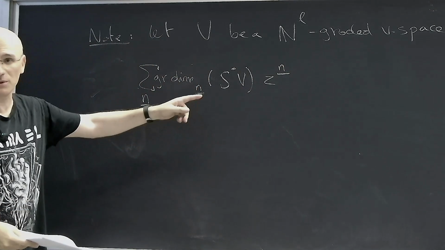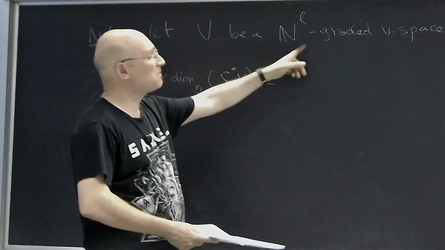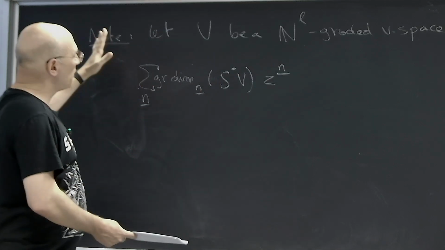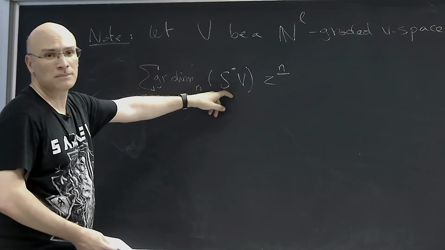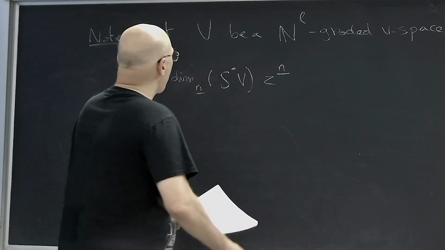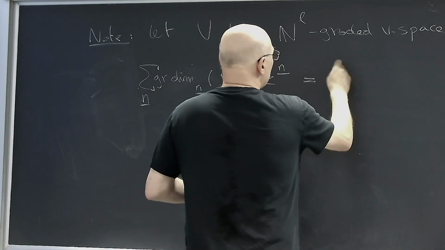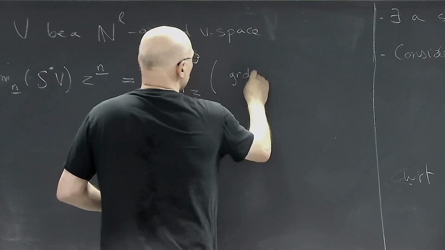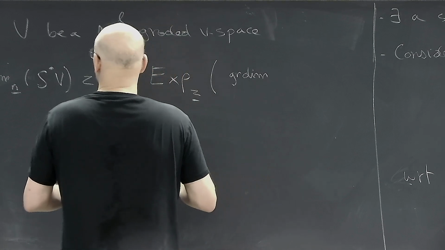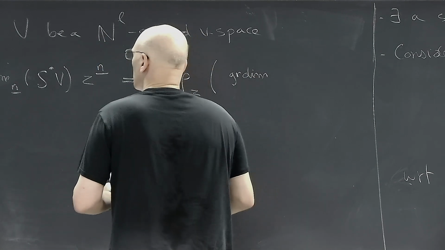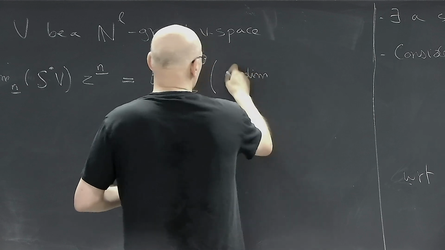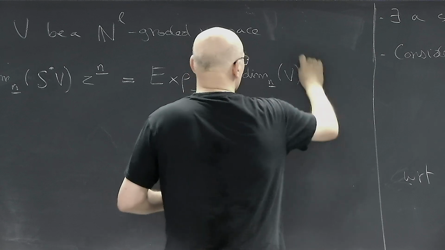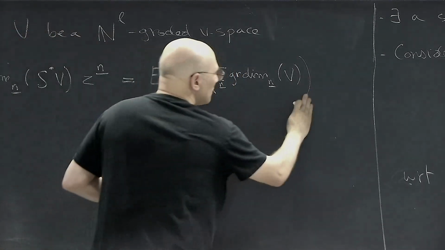Okay, so I have a bunch of variables taking into account the graded dimension of this vector space. And I form a generating series where I look at the graded dimension of the symmetric algebra. Then this is given by the plethystic exponential in the variable z of the sum over n of the graded dimension of V, z to the n.